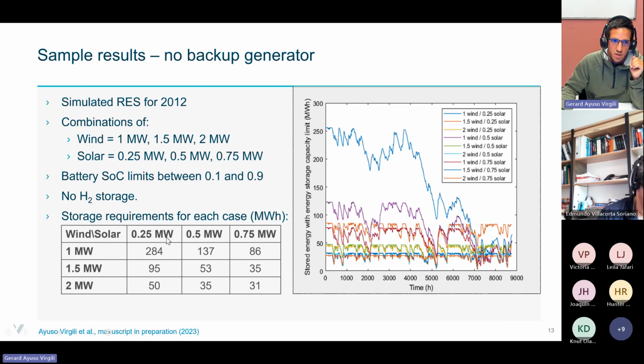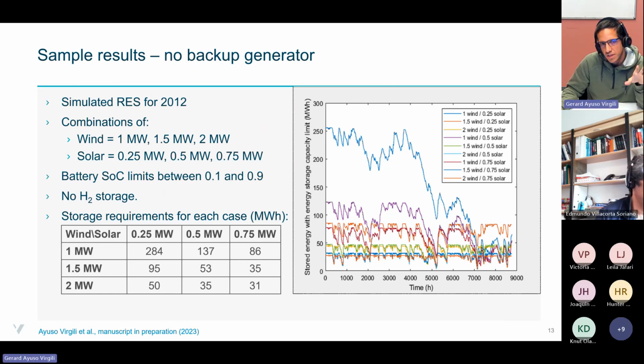We see for each combination what's the energy storage demand on each case. And we see obviously that the more power capacity we have of solar and wind energy, the lower energy storage demand we would have, because you are much more able to harvest energy from both these sources.